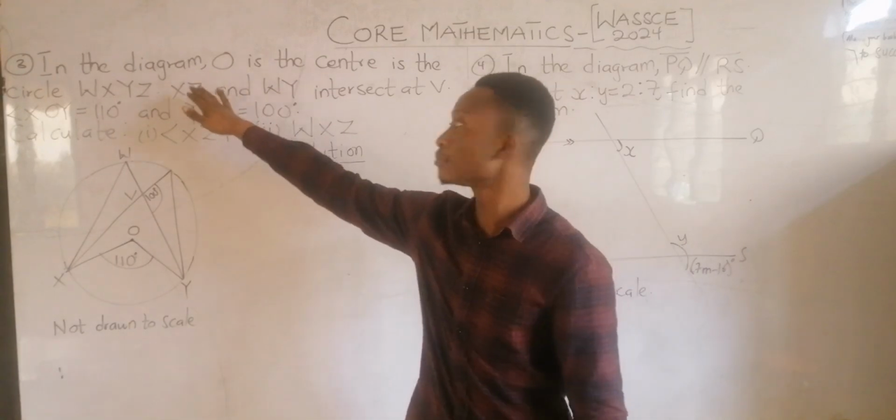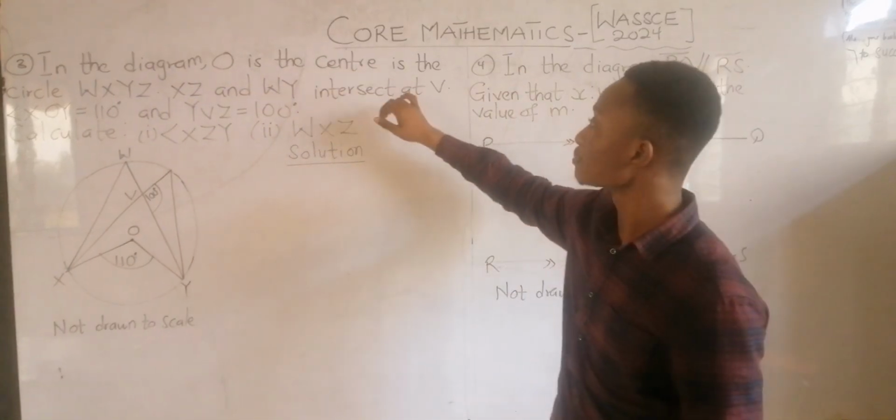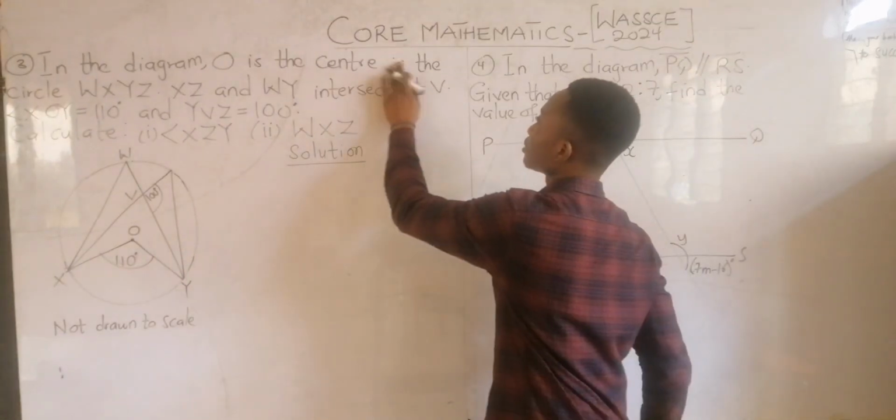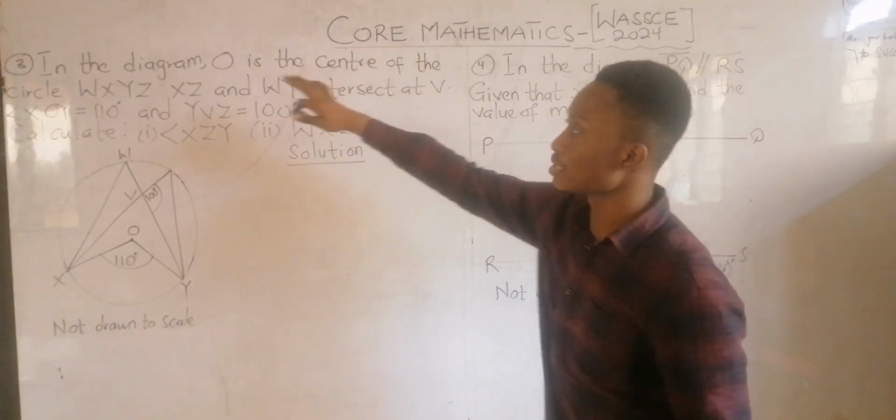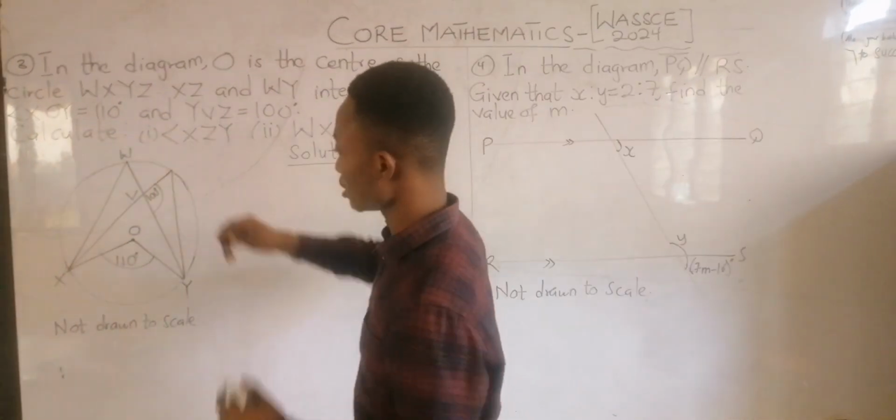In the diagram, O is the center of the circle WXYZ.